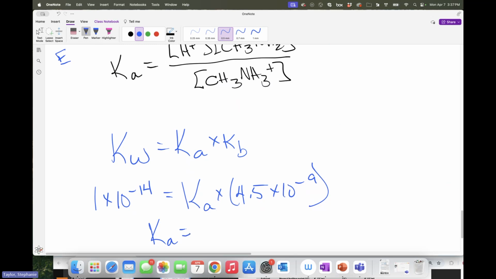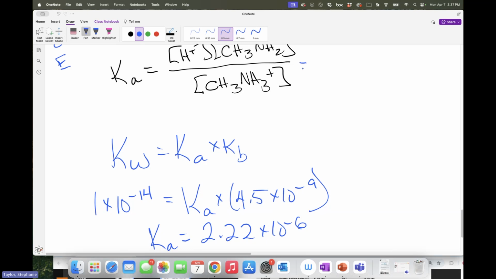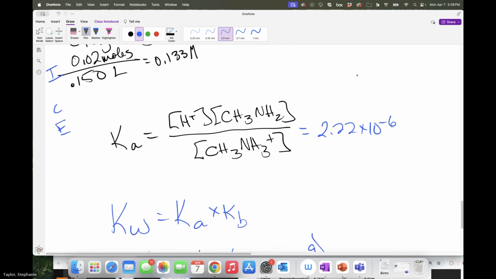So I get a Ka value of 2.22 times 10 to the negative 6. Now I can solve my problem, because at least now I have the pieces. So my Ka value up here, 2.22 times 10 to the negative 6.